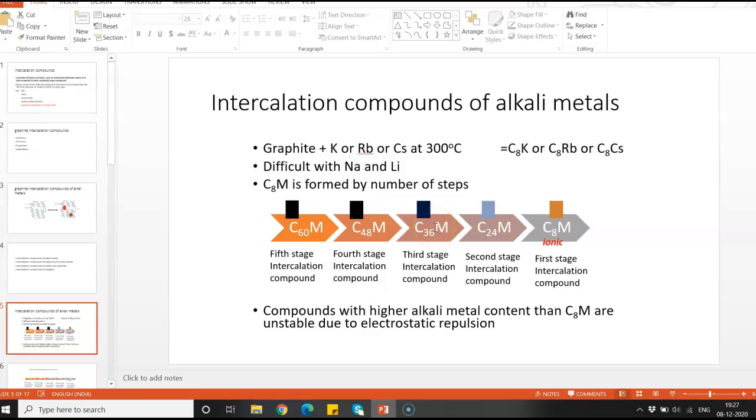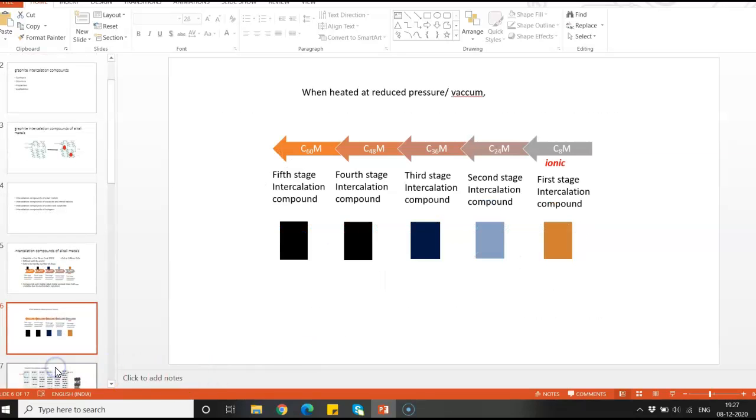Then you get the third stage intercalation compound on heating, which has a navy blue color. The second stage intercalation compound has a silver color, and ultimately you get the ionic C8M, the first stage intercalation compound, which has a copper color. Alkali metal content higher than C8M will be unstable because of high electrostatic repulsion.